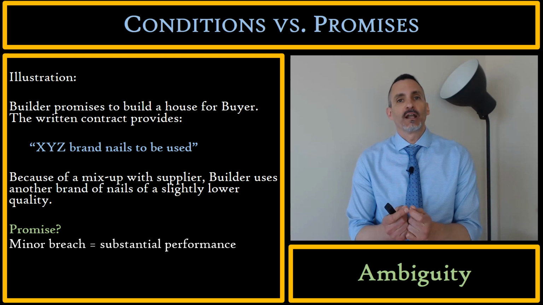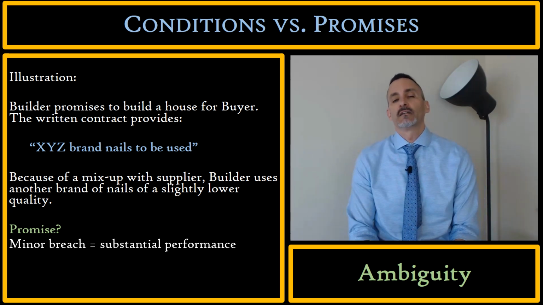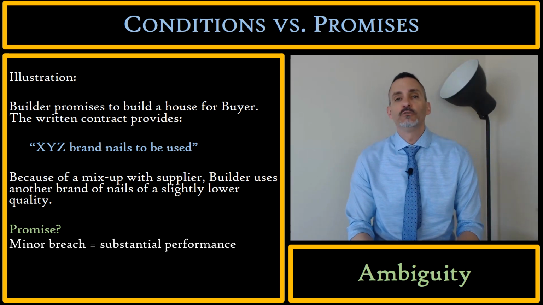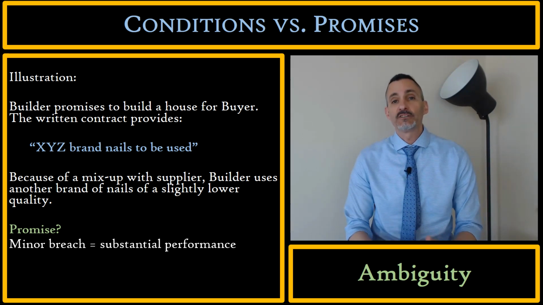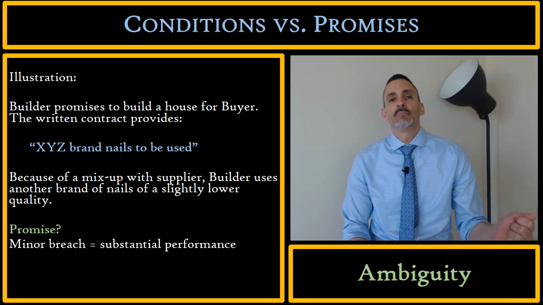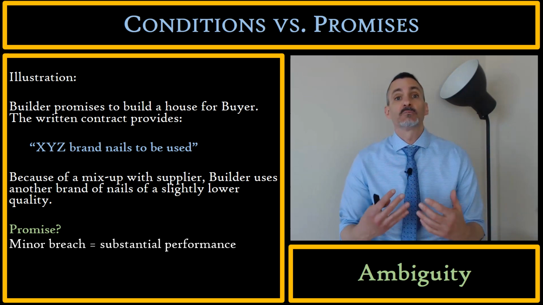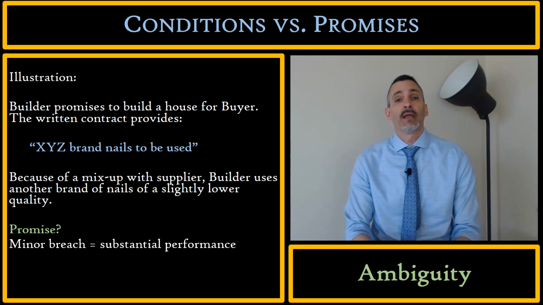Not using XYZ brand nails, that's just a small minor breach of the entire promise to build and deliver a house to buyer. So if XYZ brand nails to be used is a promise, builder has breached that promise, but it's a minor breach, which means builder has substantially performed, which also means that buyer must perform under the contract. Buyer cannot say, I am not obligated to buy the house because you have not used XYZ brand nails. Buyer may not say that if we interpret this to be a promise.